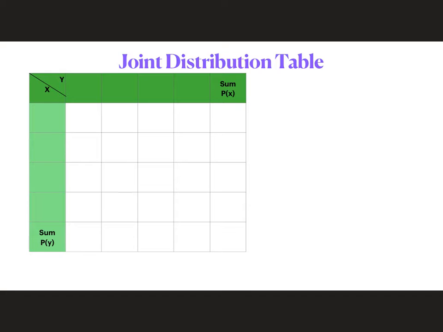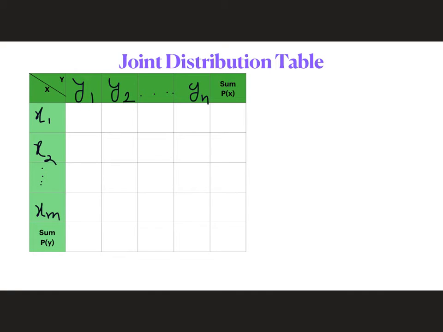So let us see what is a joint distribution table. Understanding the table, we can solve the problem easily. X values are given vertically. Suppose x is x1, x2, continuing to xm. Similarly, y values are y1, y2, continuing to yn. We have to fill in these probabilities, correspondingly for x1 y1, x1 y2, x1 yn, and then x2 y1, like that.